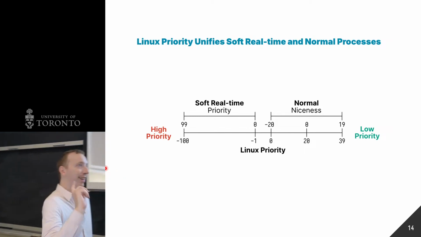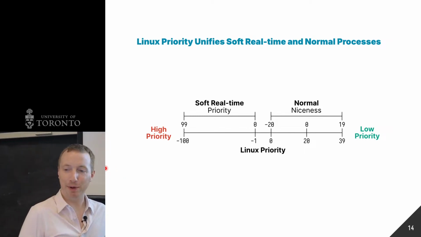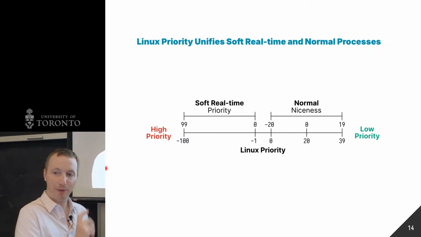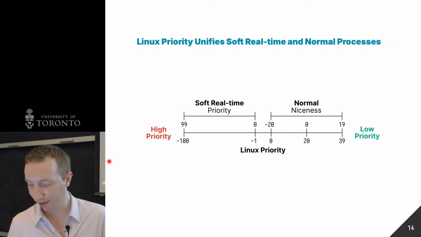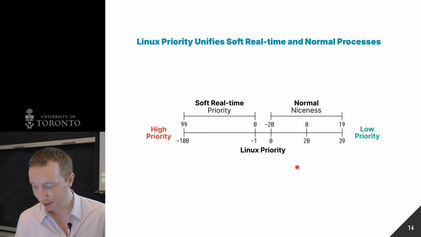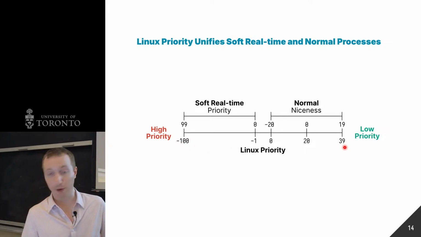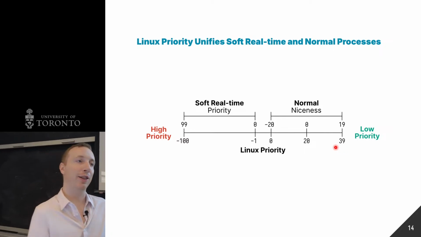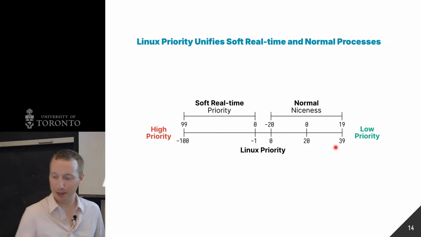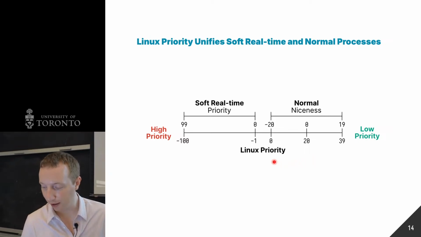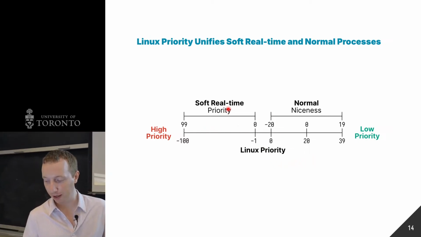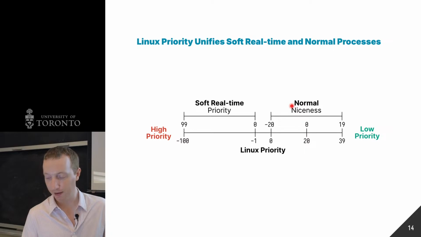So Linux has a different priority number that tries to unify the soft real-time processes and normal processes, which is really, really annoying. So the Linux priority goes from -100 to 39, where a lower number means higher priority. On their scale, they map soft real-time processes and normal processes.